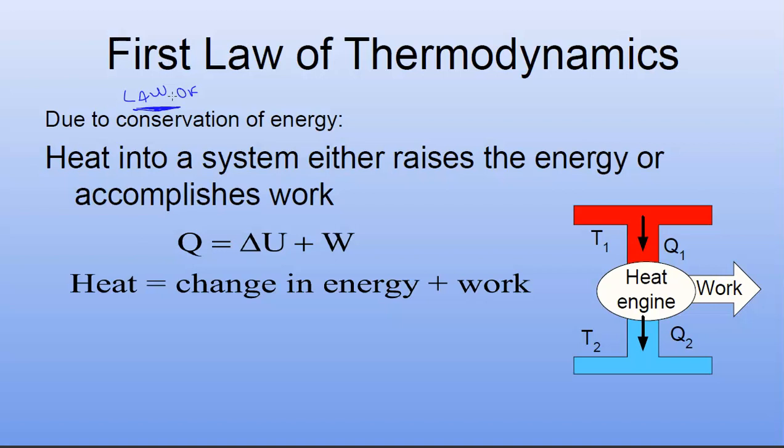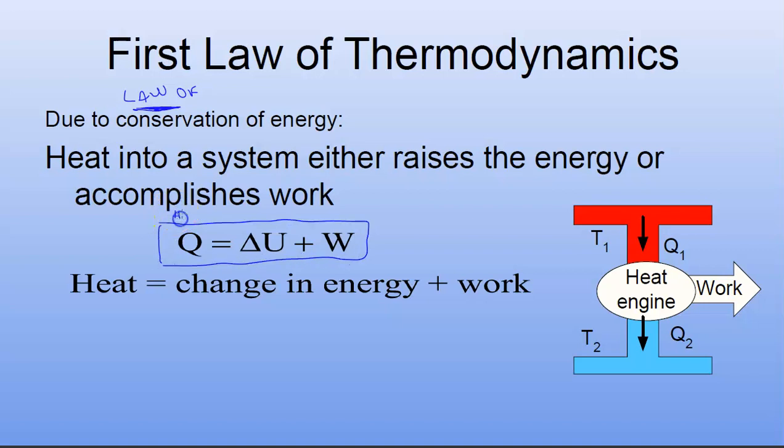It might get scattered and turned into something else, but it's still there somewhere, right? So when I start with some energy, I'm going to end up with that same amount of energy, and work is one of those forms of energy, so it's all got to add up. And this is probably the best way to write the first law of thermodynamics that I know of right here.